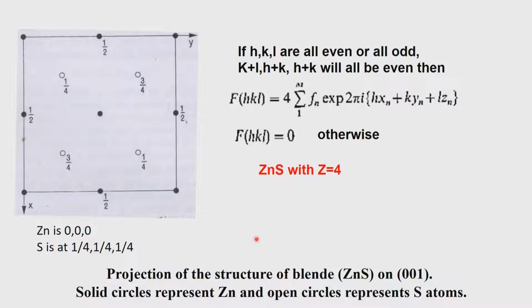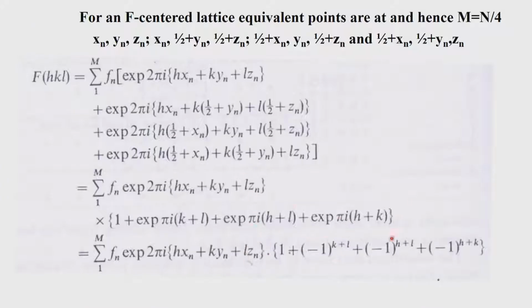So for example, let us take the reflection 1 1 1. This tells you H is 1, K is 1, L is 1. Now this reflection 1 1 1 has to fit into this equation, and how it fits we will see in a minute.